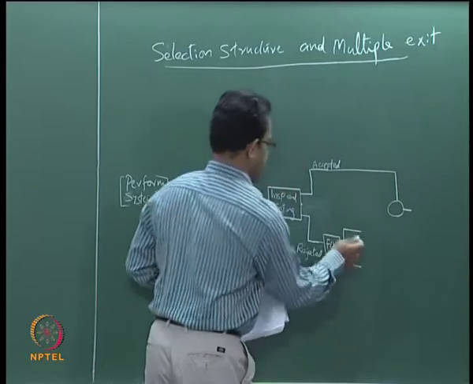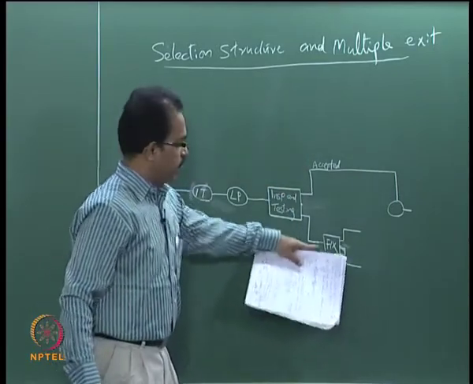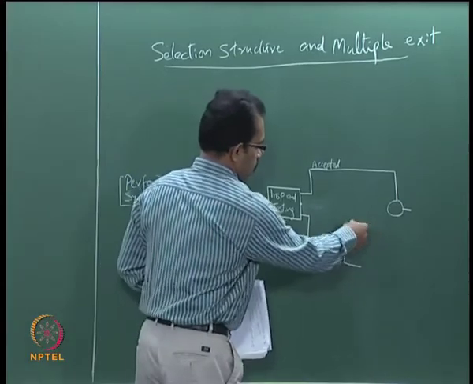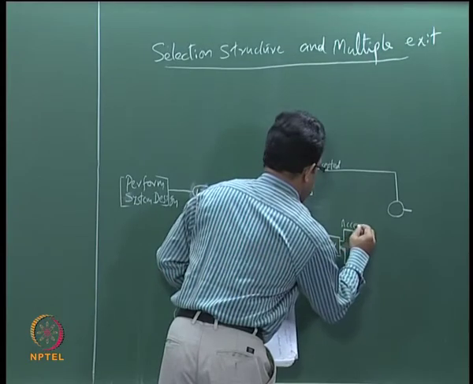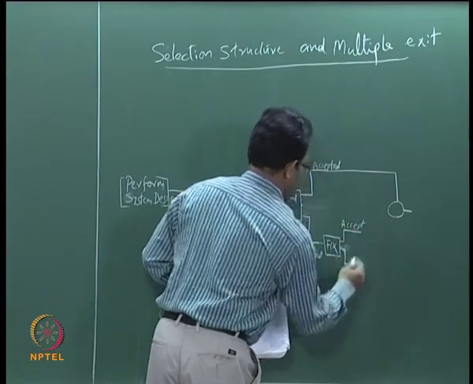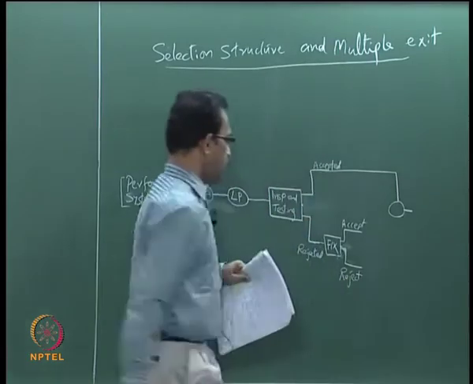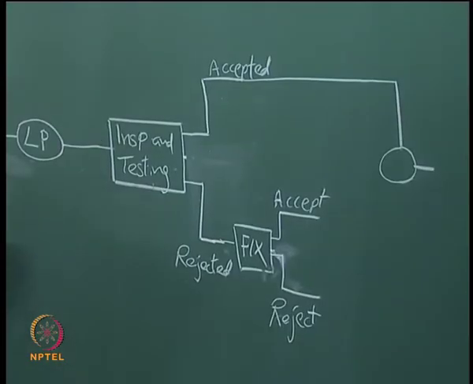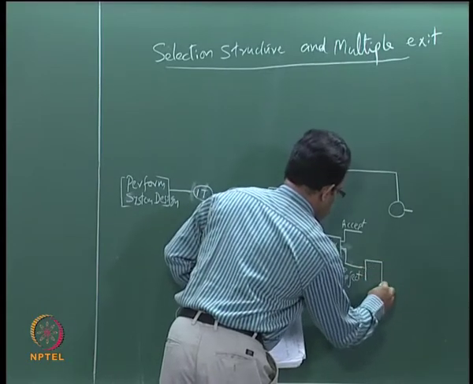So the small fixing can be done here, the rejected components can be fixed here itself, and once it is fixed we can either accept it or reject it. Accept or reject, and if it is rejected we need to actually have a redesign.